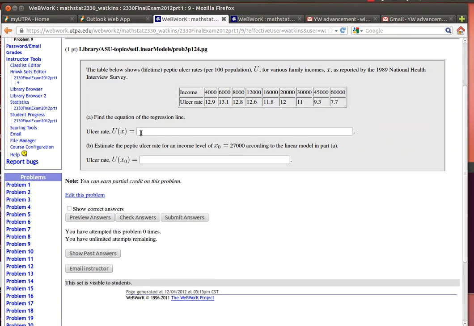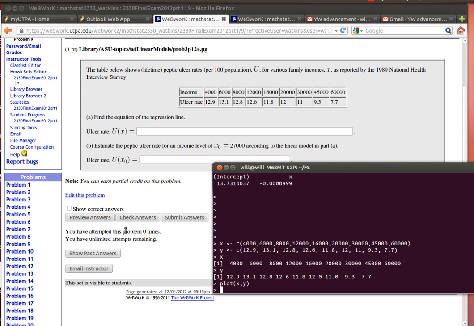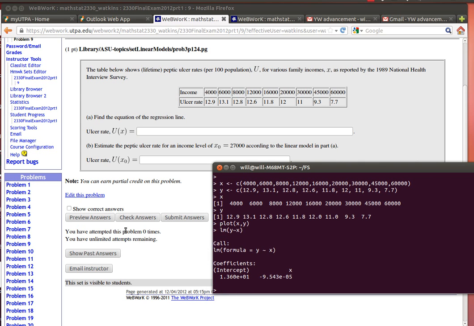We were actually asked to find the linear model. So let's look for that. The linear model predicting y, that's a tilde mark, by x. That's the command in R that finds that regression line.